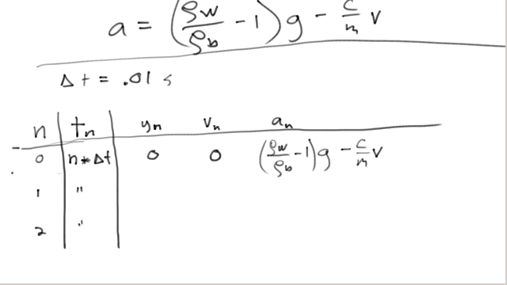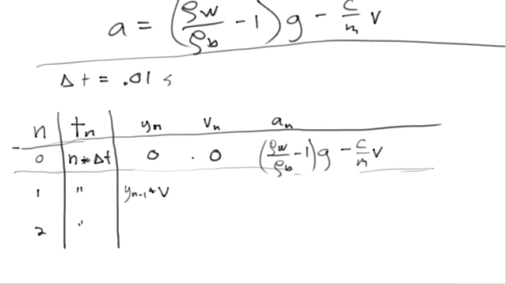Then in the next line, I want y of n to be equal to y of n minus 1, so that'll be this, which is 0 for the first one, plus v sub n times delta t. And I think that means I want to calculate these two in the opposite order.